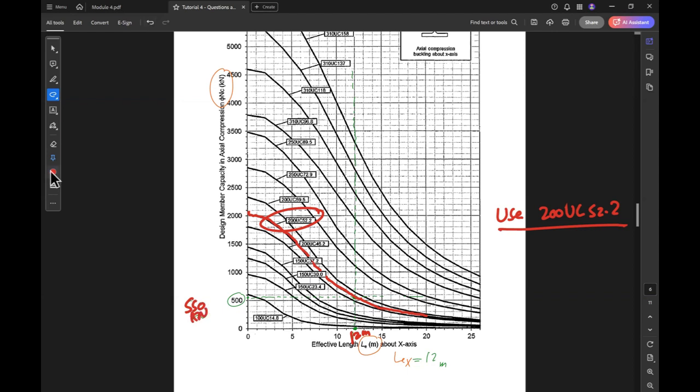We draw a line here and a line here. Both of the lines intersect at this point, which is on the red curve. So it gives us this section to use for LEX equal to 12 meter.